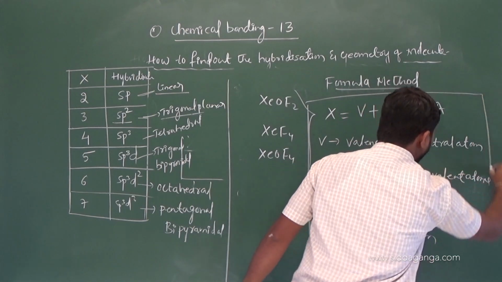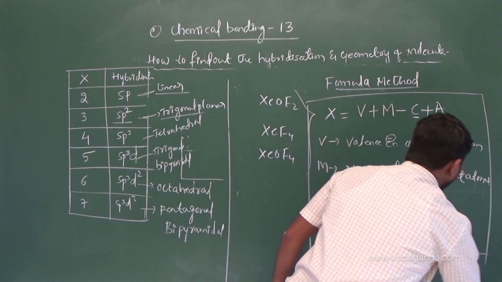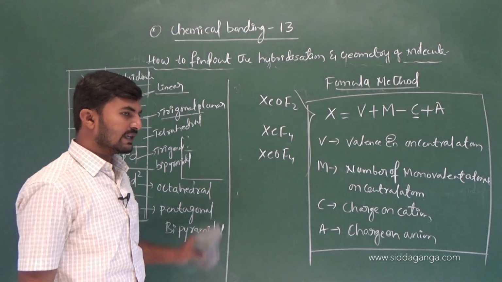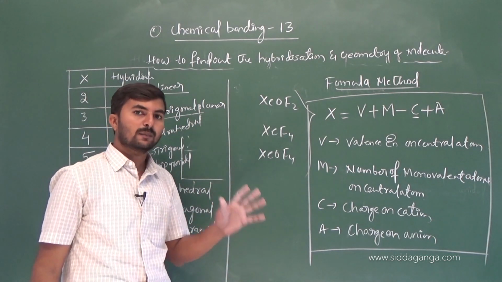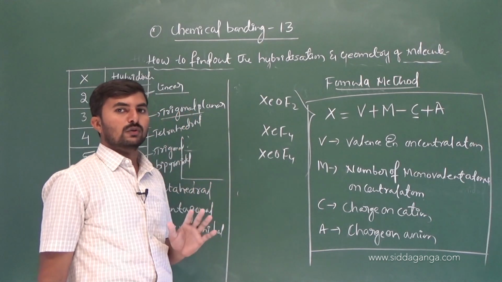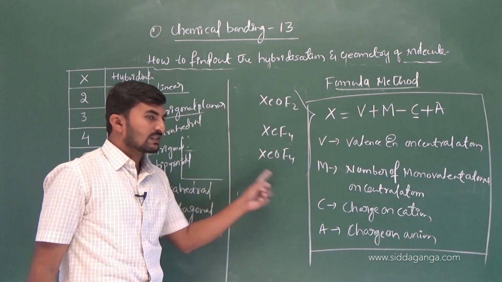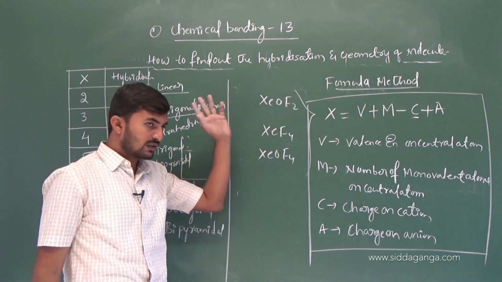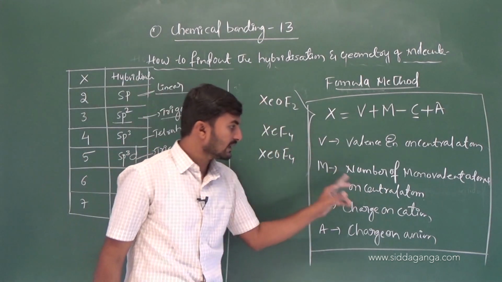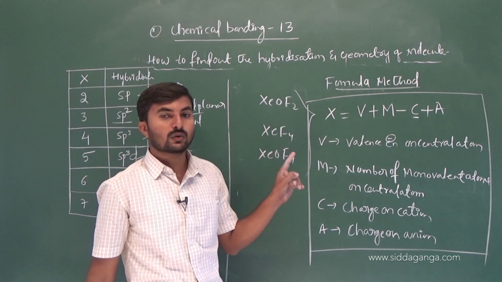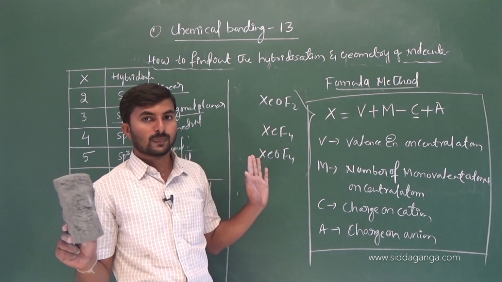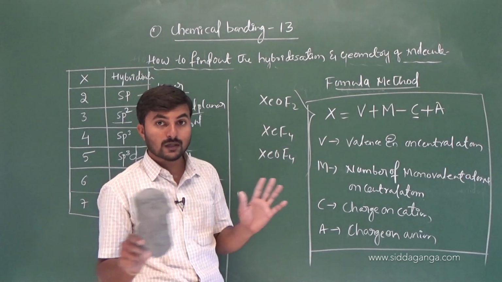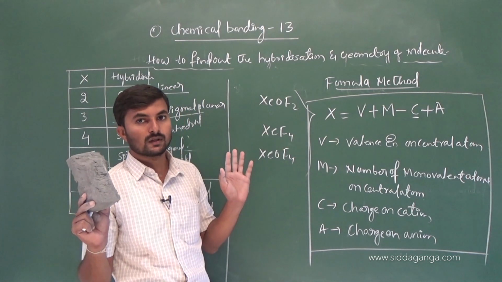You must remember this formula. By using this formula, we can easily predict the hybridization and the geometry of the molecule, even though we do not know its structure. We can predict the geometry of the molecule, not the shape, because this theory cannot explain the shape of molecules.